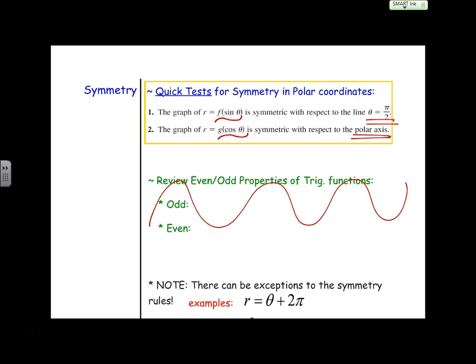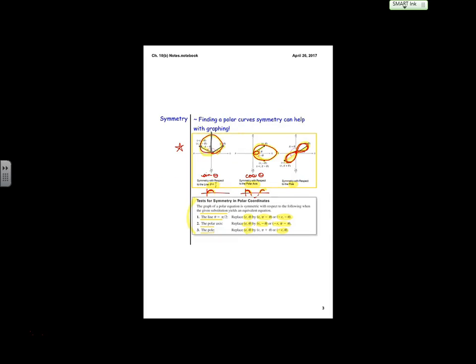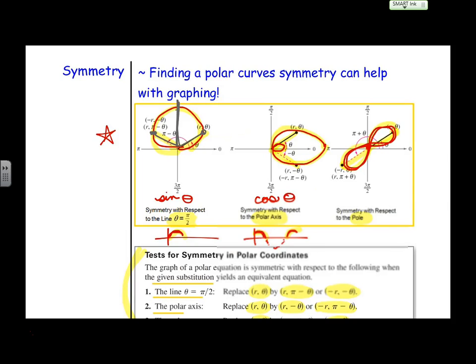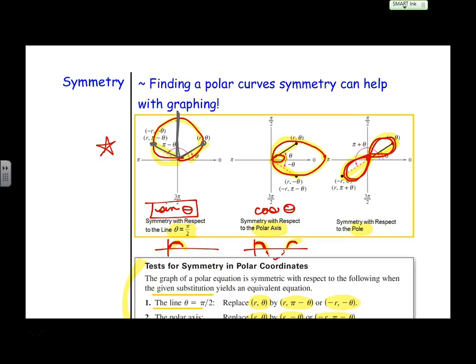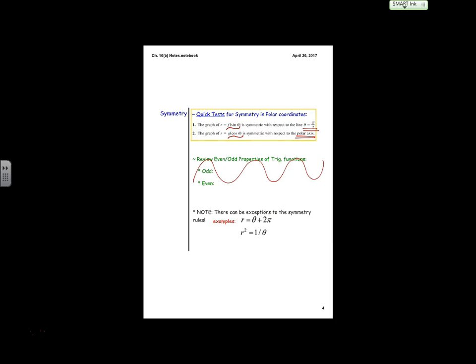Remember, I was trying to simplify some of these notes. Technically we already did the quick test because we said functions with just sine will have this pi over 2, and functions with just cosine will have the polar axis. If they have a mixture, well, who knows what it's going to be. But just sine, just cosine are going to have those types of symmetries.